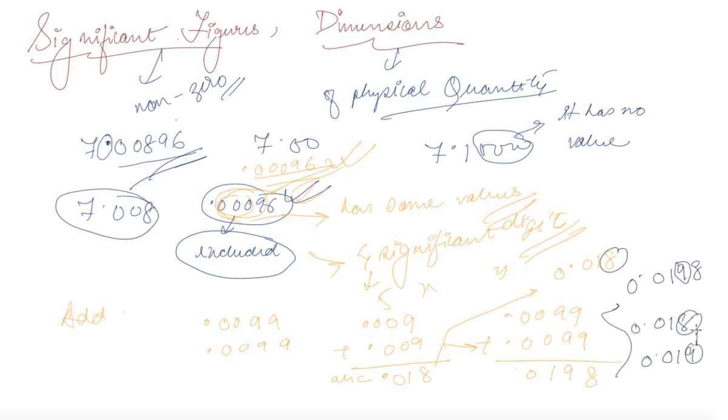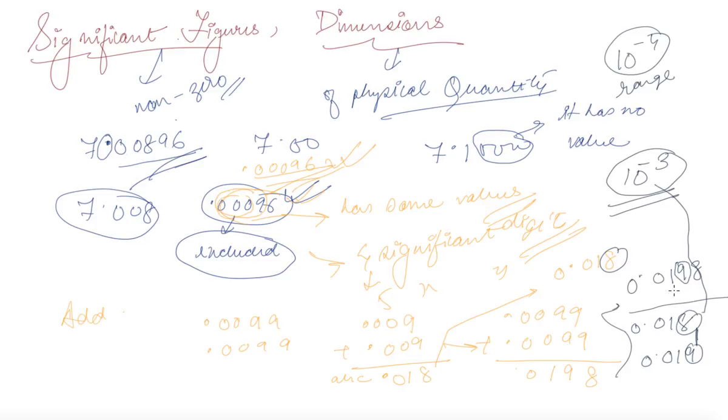So you have an error of the order of 10 to the power minus 3. If you are trying to calculate an accuracy in the 10 to the power minus 4 range, but you are discarding the fourth place significant number, then you will have error.